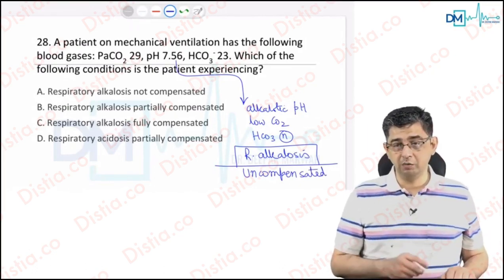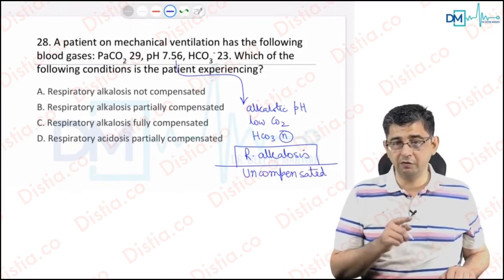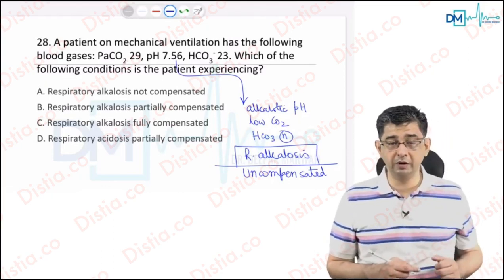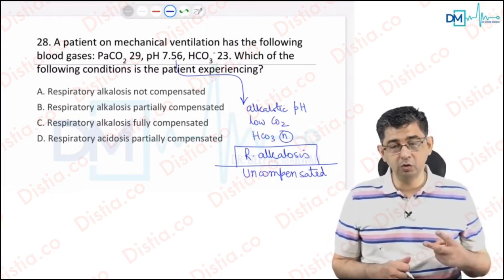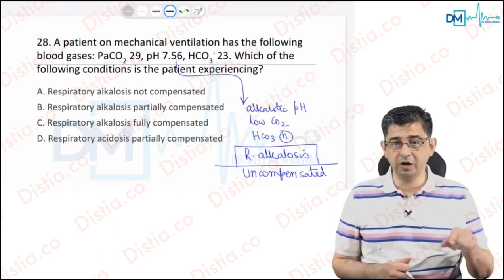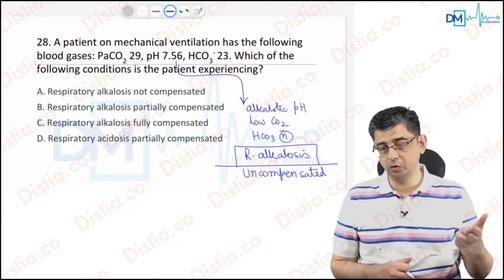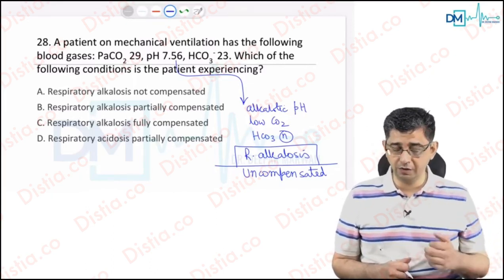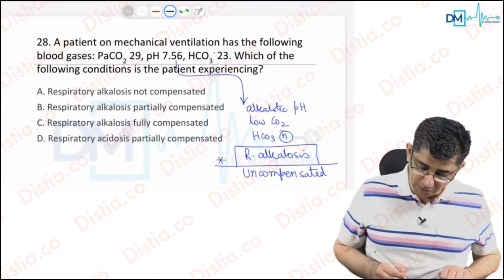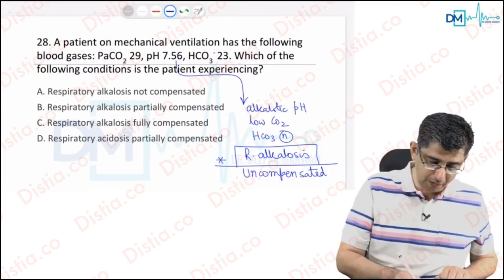Remember, I taught you in respiratory alkalosis, for every 10 millimeter fall of carbon dioxide, here it's falling by almost 20 points, you should be having at least a 2-point fall in the value of bicarbonate, and that has actually not happened. Remember, 2-4 was the formula: 2 for acute, 4 for chronic. So this fellow is having an uncompensated respiratory alkalosis. The answer to this question is A.